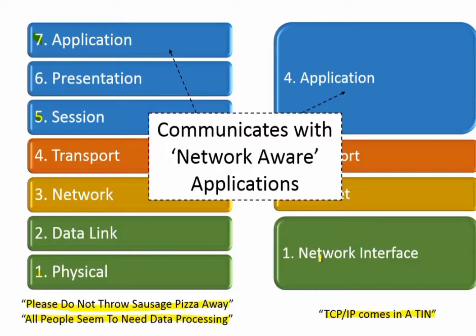The application layer gives that data to the presentation layer. The presentation layer does what it has to do, gives it to the session layer. The session layer does a similar thing. It gives it to transport, and it keeps passing it to the next layer until it reaches the physical layer. So this is how it works. If an application communicates with the network, that's the only time the application layer is invoked.